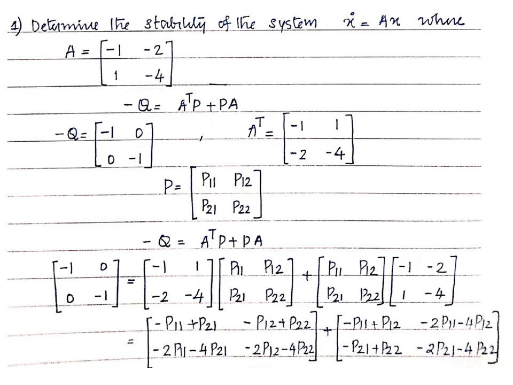Then we have to put the matrix P, which is P11, P12, P21 and P22, and given that P12 is equivalent to P21. So substitute in the equation, minus Q is equal to A transpose P plus PA, and in this equation we put all these matrix values, that is minus Q, A transpose and P. Then by arranging and doing matrix multiplication we can solve.